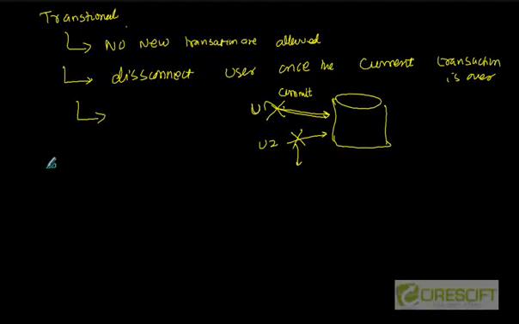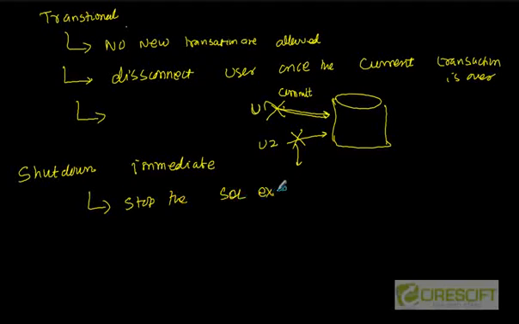All right, the next one is shutdown immediate. In this case, whatever SQL statement is currently being processed, the Oracle server is not going to complete it. For example, if user 1 is running some SQL, it will stop the SQL execution. It may be in the middle of a transaction, but in that case the transaction will be rolled back.